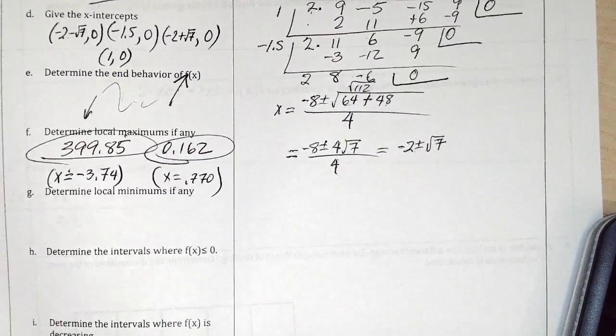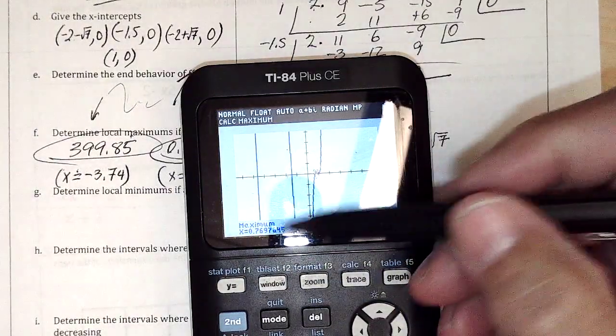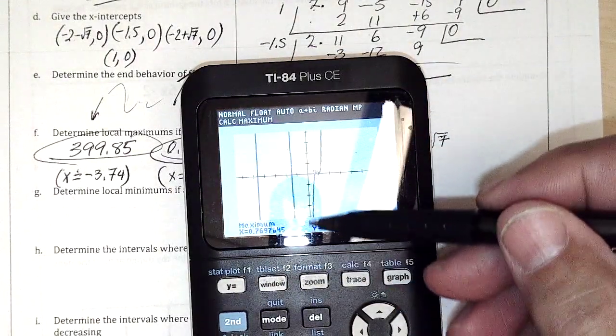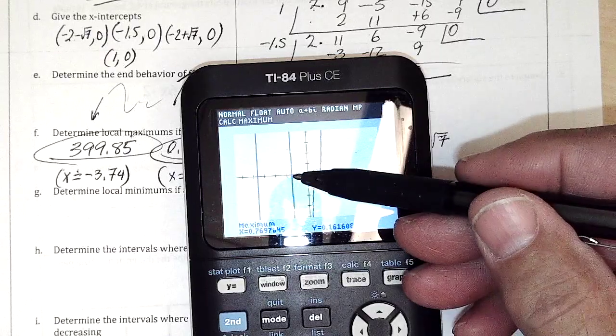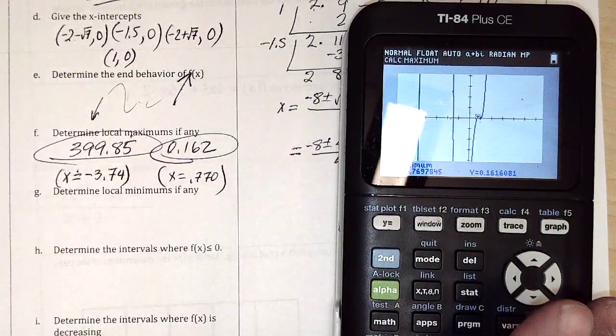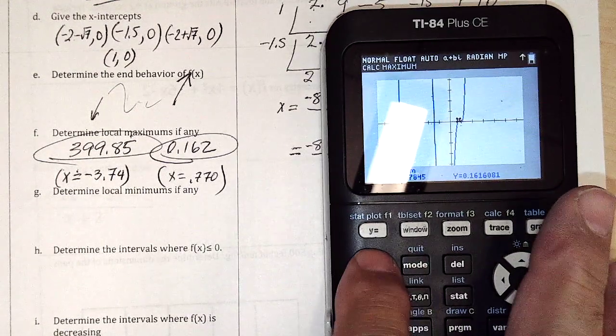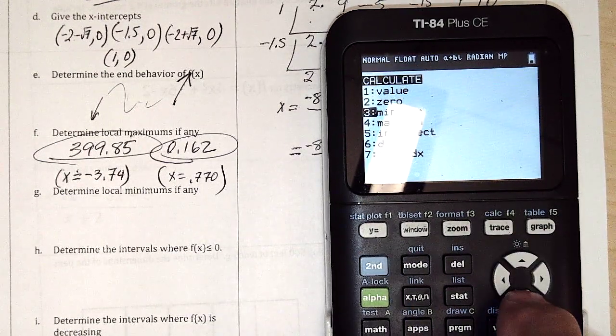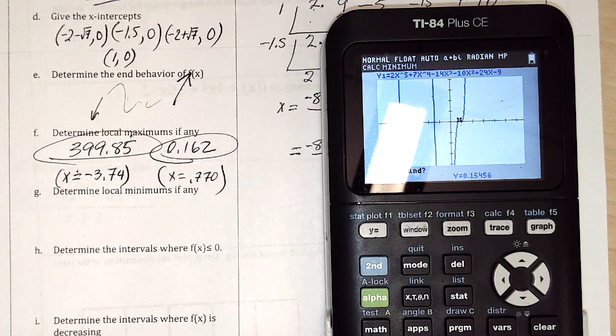Local minimums. Well, if it goes up, then it must go down and up. So there's a minimum somewhere between -1 and 0. So we're going to try to find that. Second, calculate the minimum between -1 and 0.